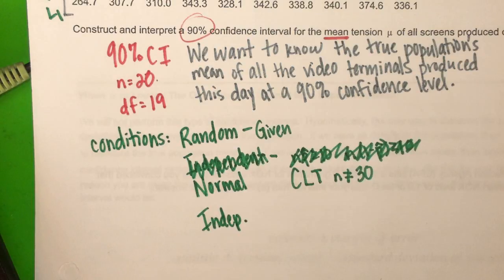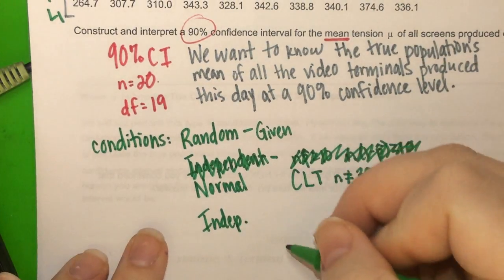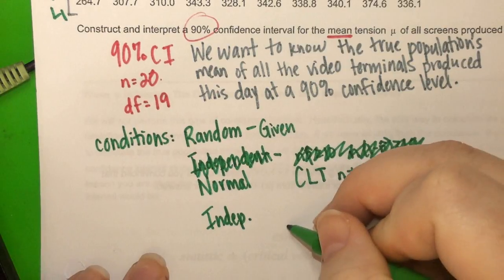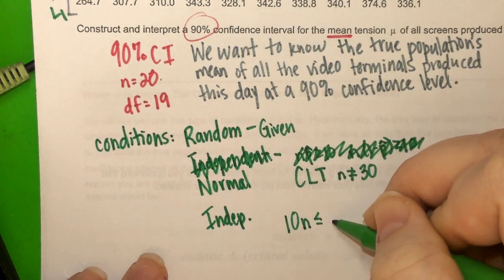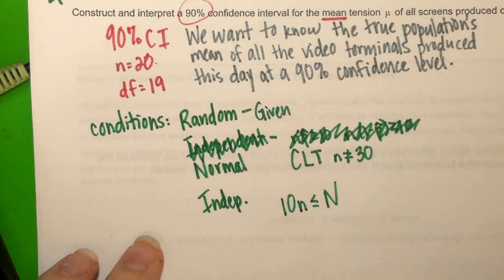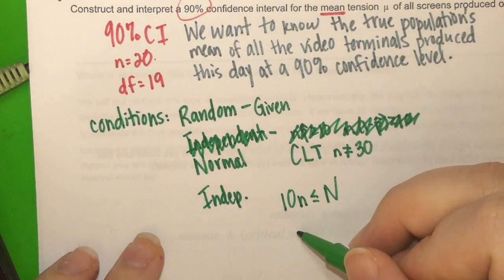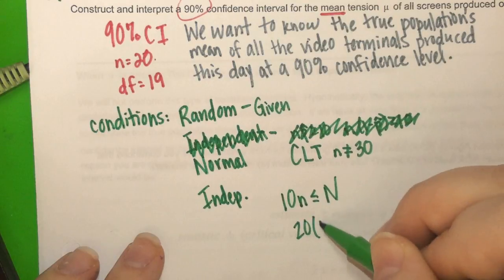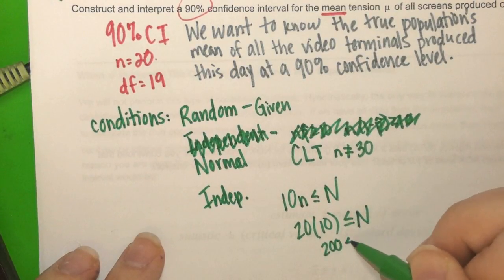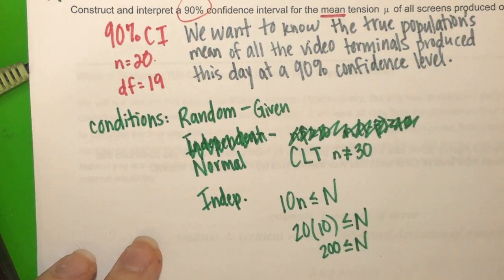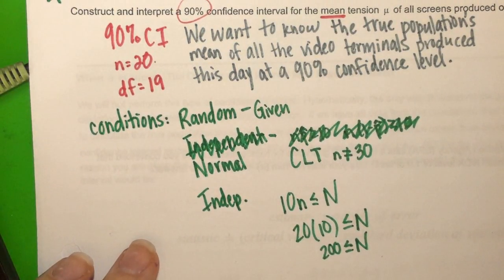Okay, so independent, we're supposed to show something about the population size. Don't care how you write it. All that matters is you take your sample, you multiply by 10. Is that less than or equal to our entire population? So is 200 less than or equal to our entire population of video terminals? I would hope so.